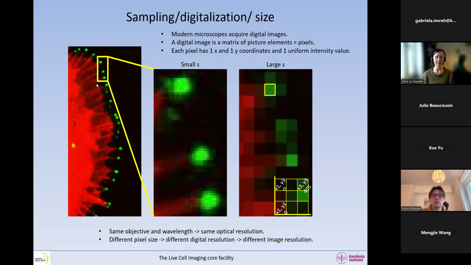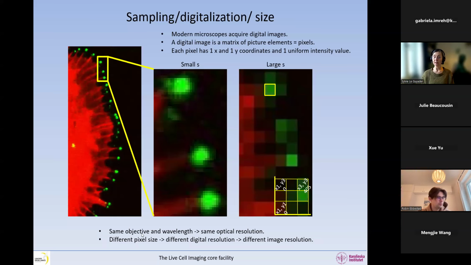I remind you that pixel means picture element, and each pixel has an XY coordinate and a uniform intensity value. So if we use small pixels, this is our sample. If we image the sample with small pixels, this is the image that we get. And if we image with large pixels, this is the image that we get.